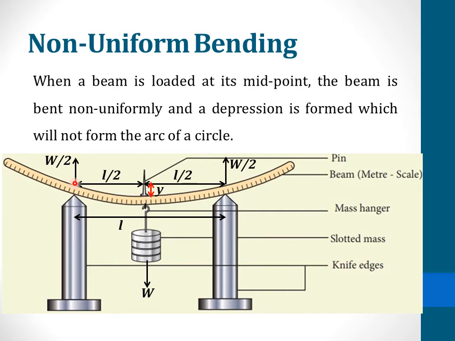The beam may therefore be considered to possess two cantilevers whose free end carries a load W by 2 and each has a length L by 2 fixed at the center. Hence, we can say that the depression which this beam undergoes is small y.